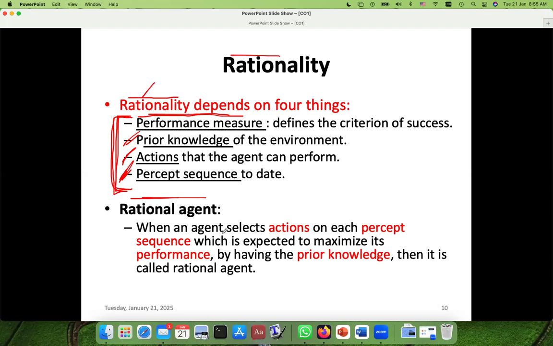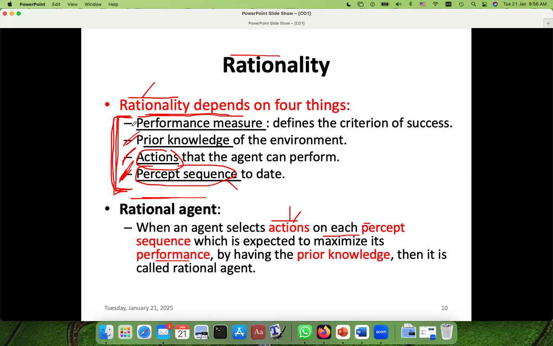So when an agent selects actions, action is what? This thing. On each percept sequence. Percept sequence is what? This thing. So we have an agent, and if our agent can select actions based on these percept sequences, and I want these actions to maximize the performance of the agent.